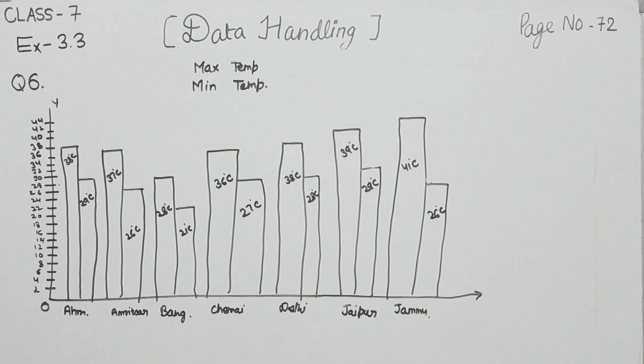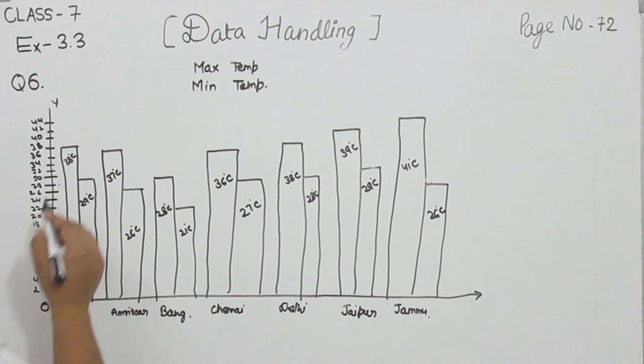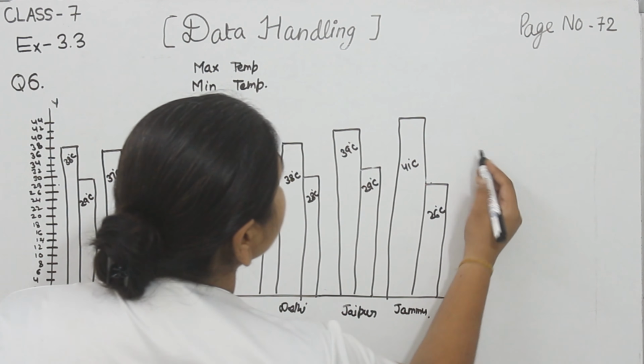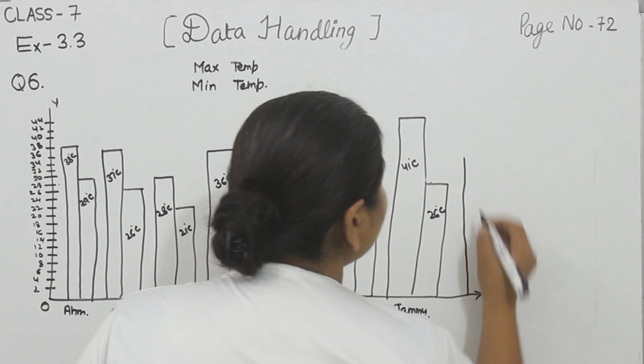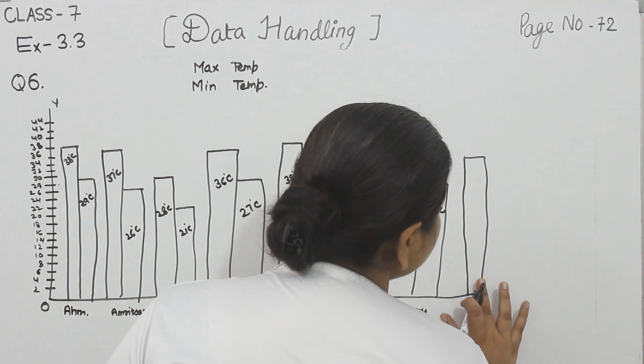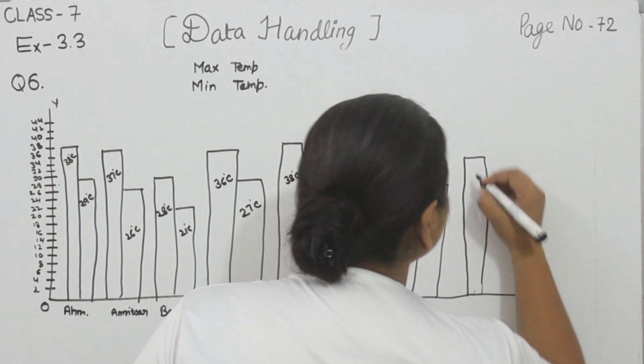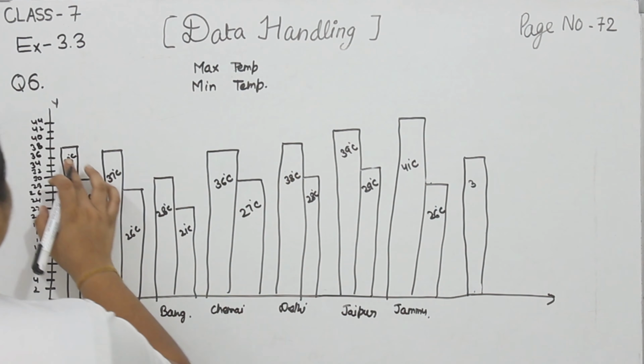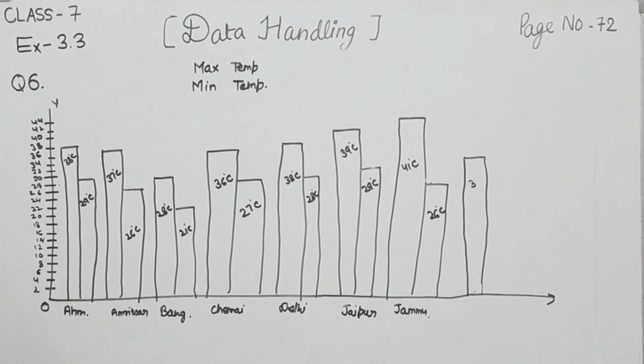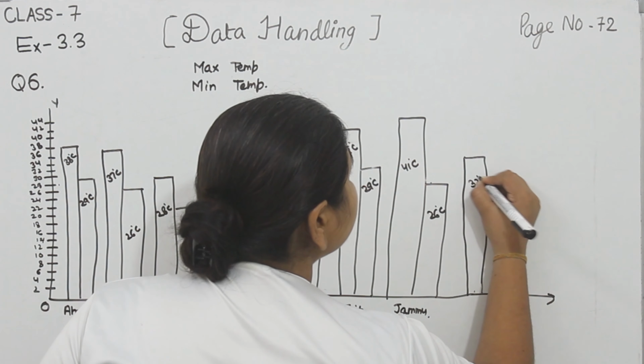Now the next and the last one is Mumbai, 32 and 27 degrees Celsius. First we'll draw the maximum temperature 32. This one is 32 degrees Celsius. This is the maximum. I'm going to extend this one here and write 32 degrees Celsius.